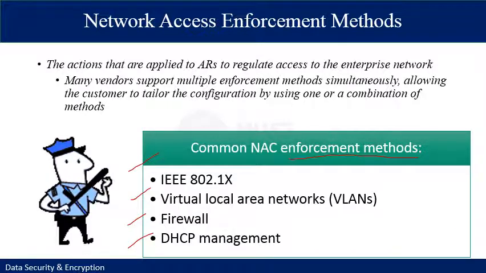Therefore, the network access control enforcement occurs at the IP layer based on the subnet of the IP assignment. A DHCP server is easy to install and configure, but is subject to various forms of IP spoofing, providing limited security.